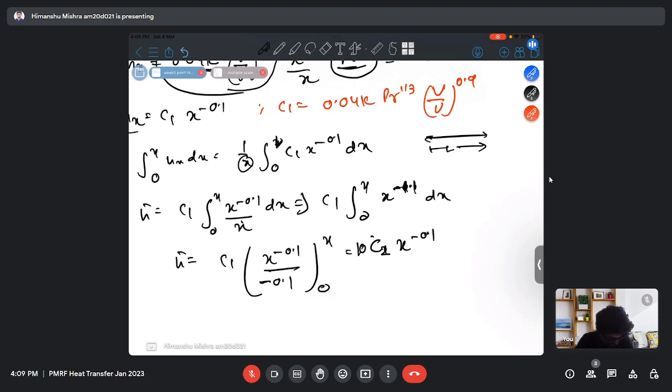So the confusion happened due to the lousy notation, I think. Let me define this as x bar, so my x bar is constant now. I just need to integrate the inner part here.